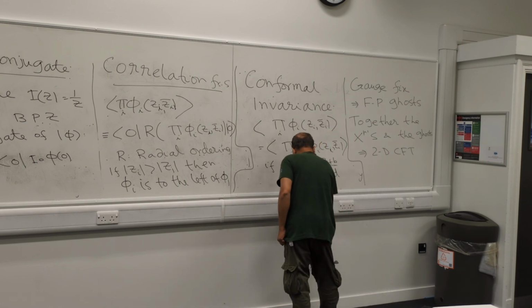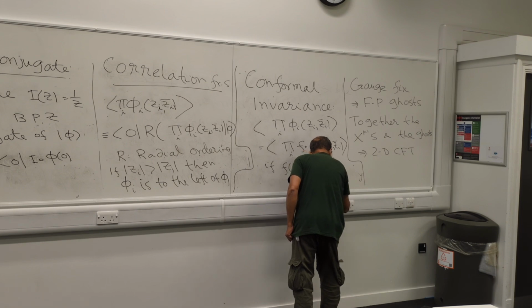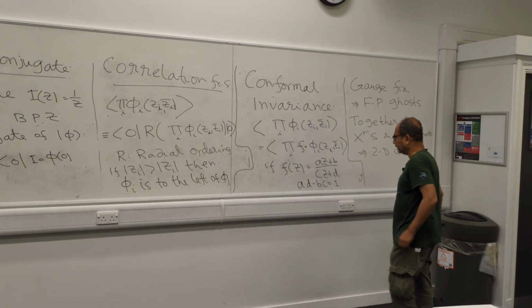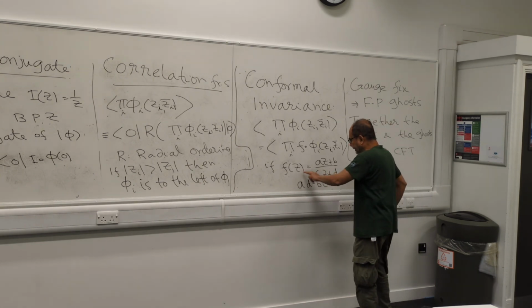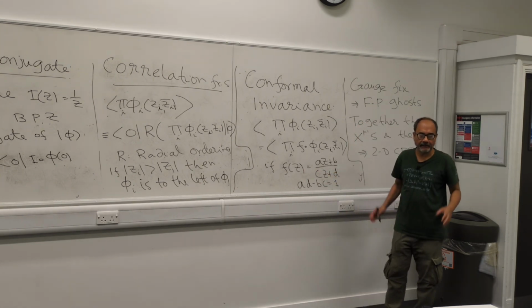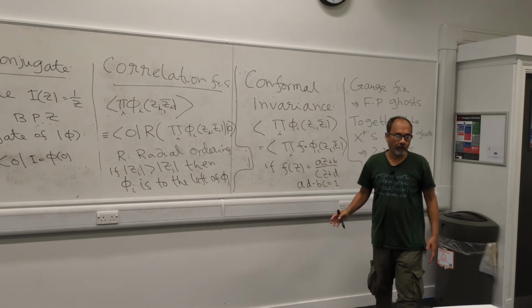We can put the condition AD minus BC equal to 1, but it really doesn't matter. Otherwise, A, B, C, D are complex numbers. What is special about this map is that it takes the complex plane, plus the point at infinity, into itself in a one-to-one fashion.